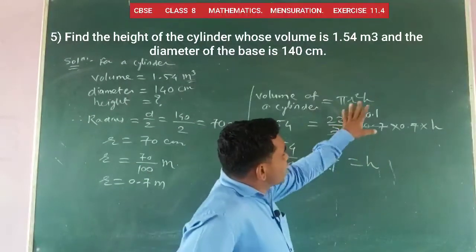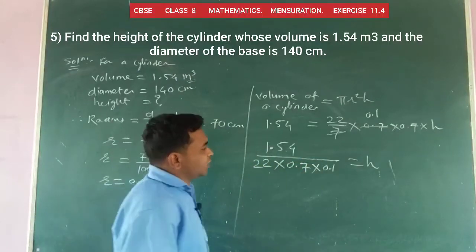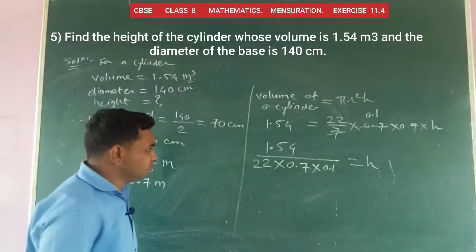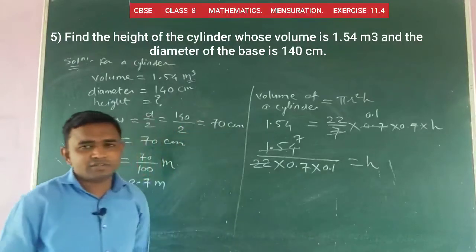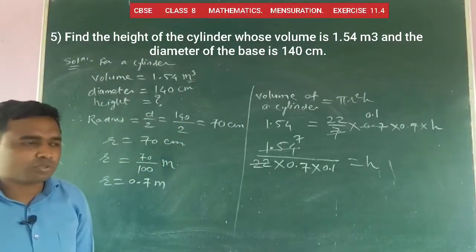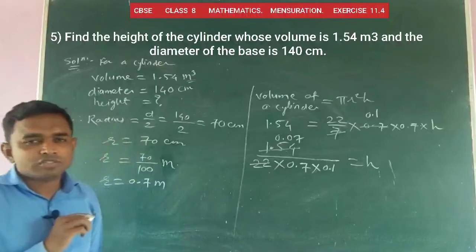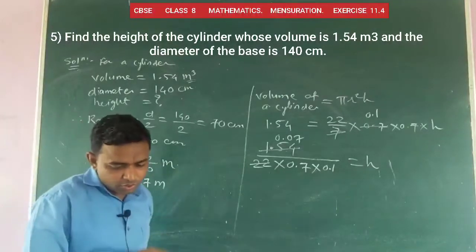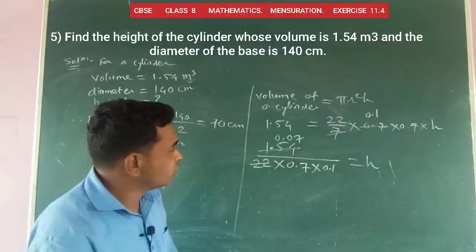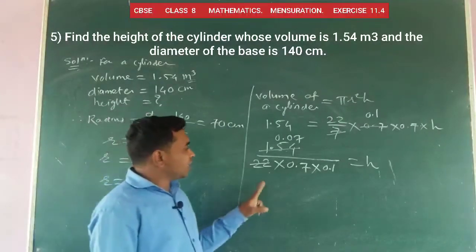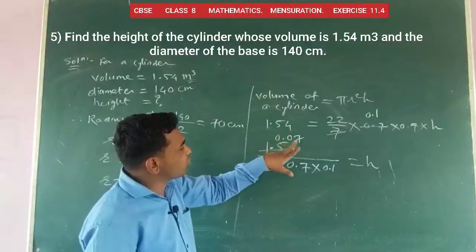All the values which are in multiplication, after transfer to the other side, are in the denominator. When 1.54 is divided by 22, we get the answer 0.07.